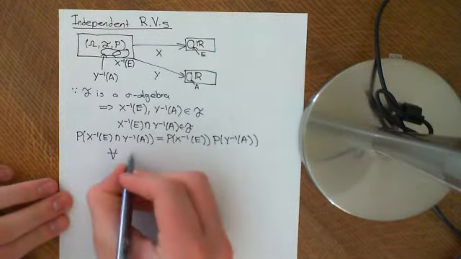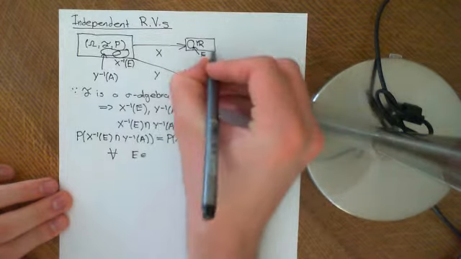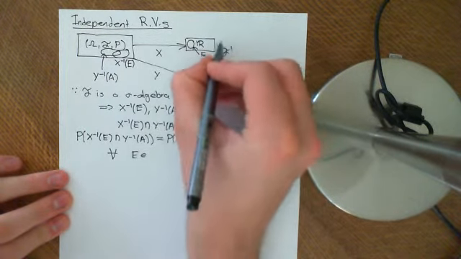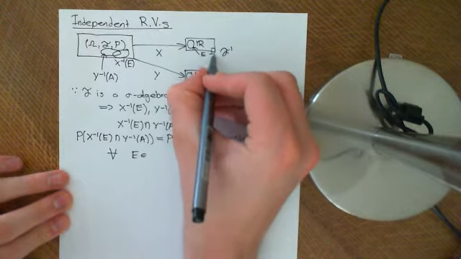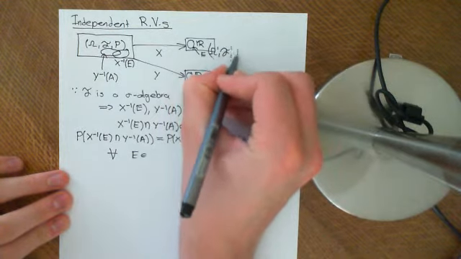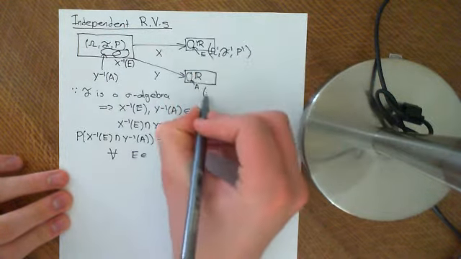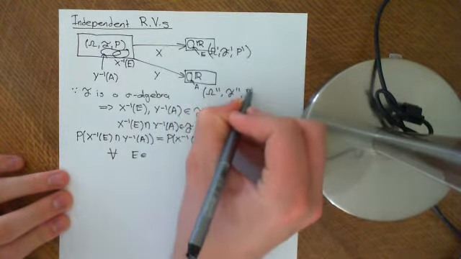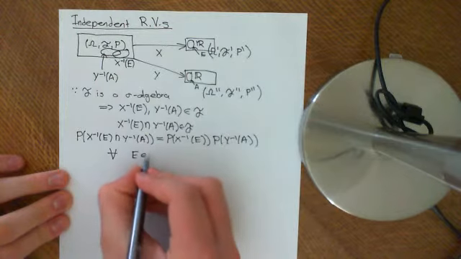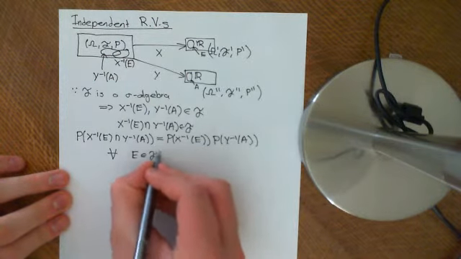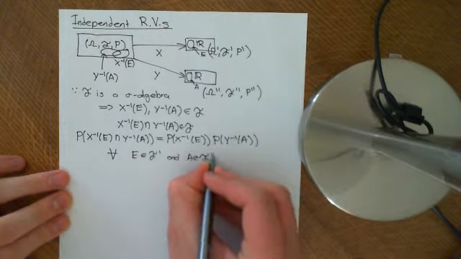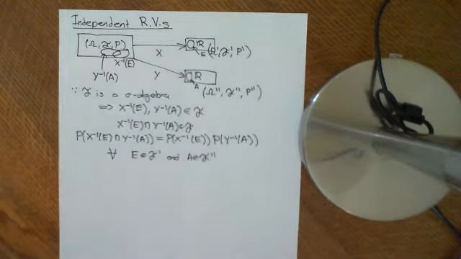For all E an element of, let's call this F prime, so this is the probability space omega prime, F prime and P prime, and we'll call this one omega double prime, F double prime and P double prime. So for all E an element of F double prime and A an element of F prime.